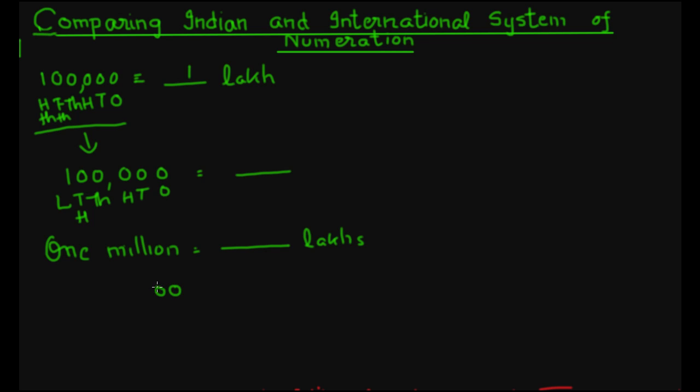Ones, tens, hundreds, thousand, 10,000, 100,000 and a million. Now how many lakhs is this? Watch it. Ones, tens, hundreds, thousand, 10,000, lakh, and you have 10 lakh. So 1 million is 10 lakh. Isn't that easy to understand?